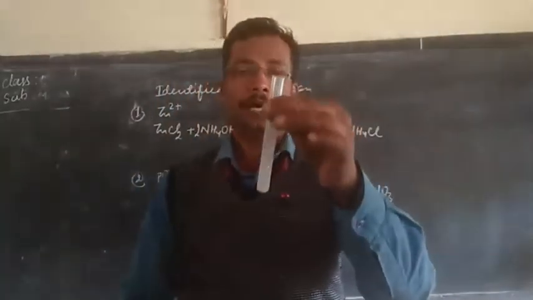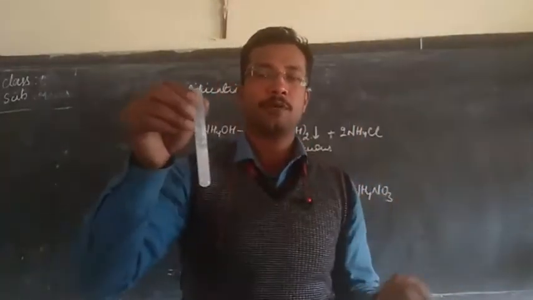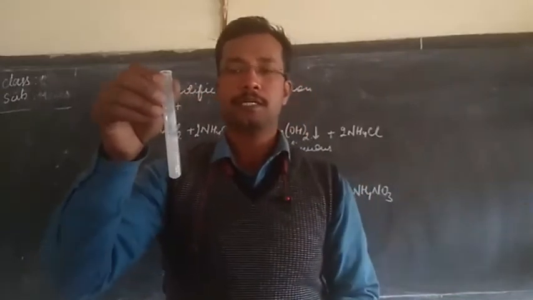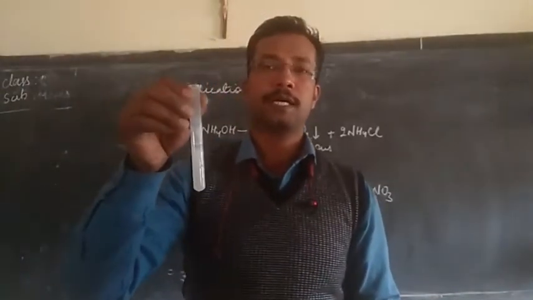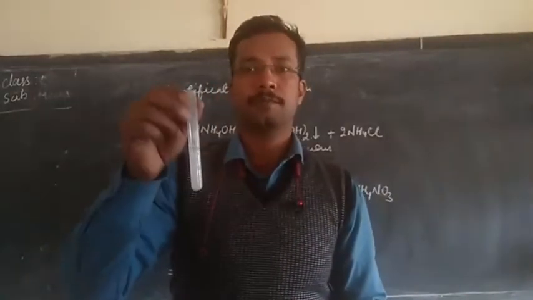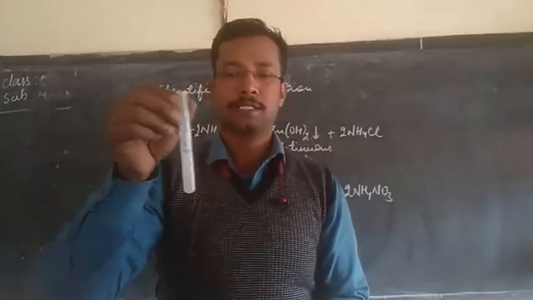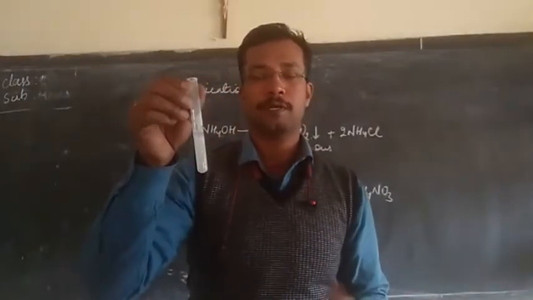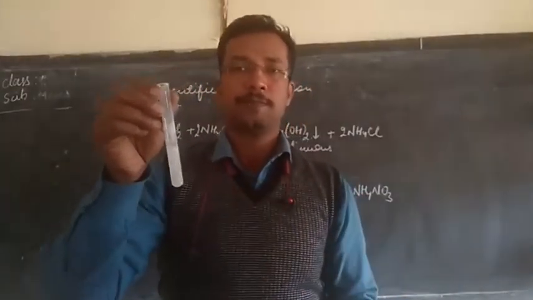If you add an excess of ammonium hydroxide to the gelatinous white precipitate of zinc hydroxide, it will completely dissolve and form a colorless solution. But in this case, on adding excess also, it does not dissolve; it remains as a white precipitate only.